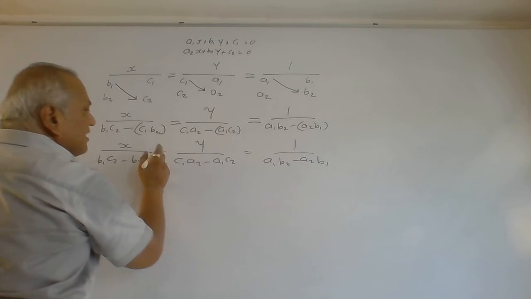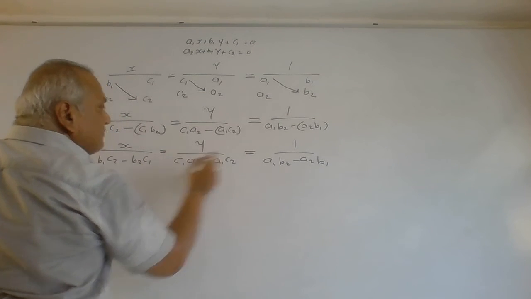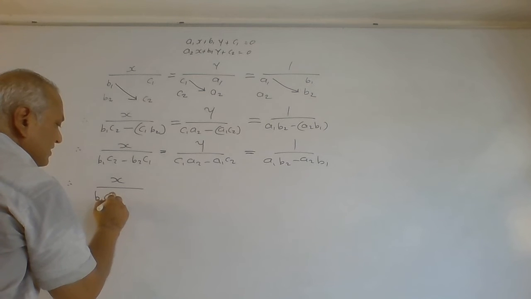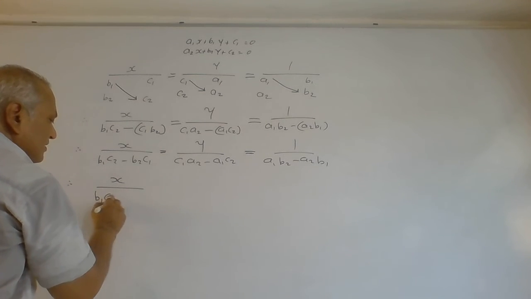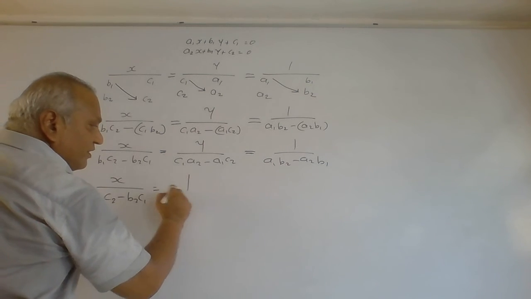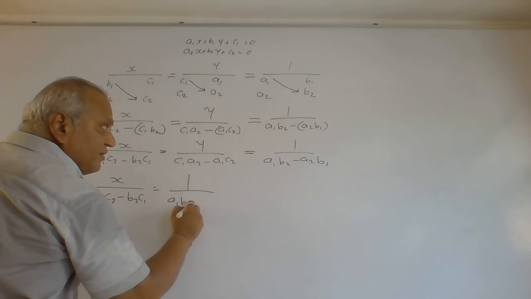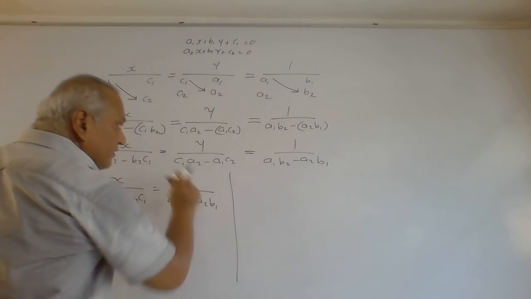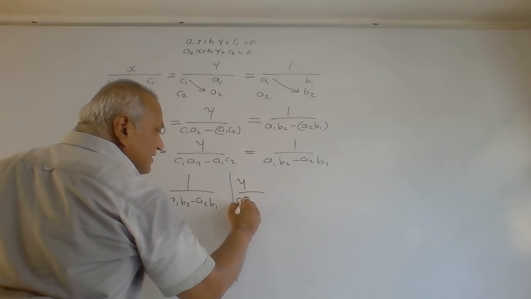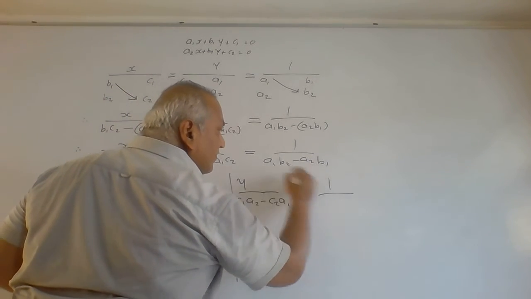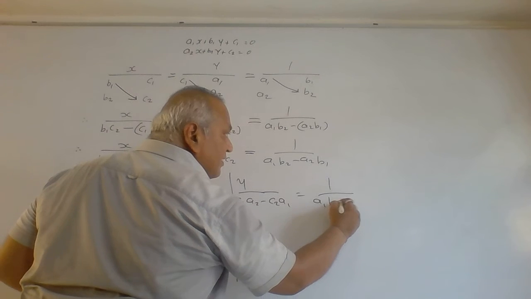So the equal to sign must be between all the steps. Now we have to arrange: x upon b1 c2 minus b2 c1 is equal to the constant 1 upon a1 b2 minus a2 b1. Then another one, y upon c1 a2 minus c2 a1 is equal to 1 upon a1 b2 minus a2 b1.